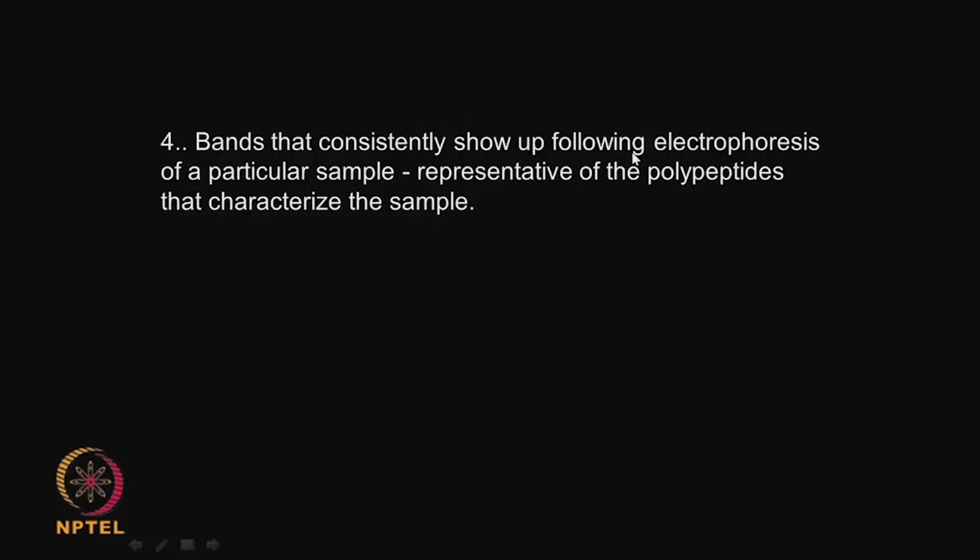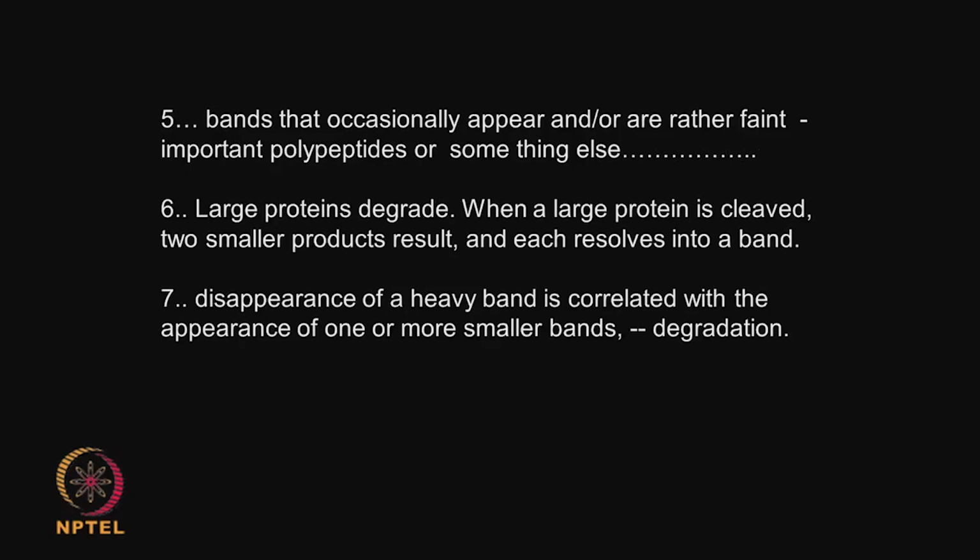Bands that consistently show up following electrophoresis of a particular sample mean the sample is characteristic of that particular polypeptide, so it keeps coming again when we run electrophoresis. Bands that occasionally appear and are rather faint mean you have some important polypeptides or something else which we do not know.